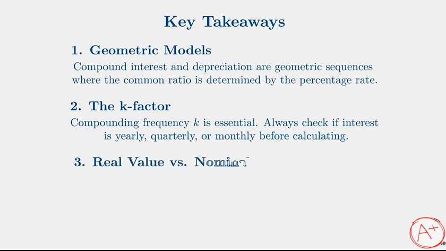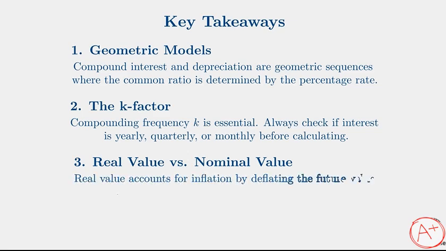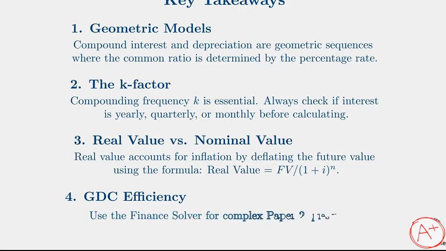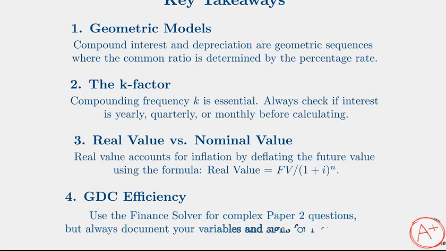Third, distinguish between nominal and real values. Inflation reduces purchasing power, so the real value will always be lower than the nominal future value when inflation is positive. Finally, use your GDC finance solver to save time, but be meticulous with your signs: negative for money going out and positive for money coming in.